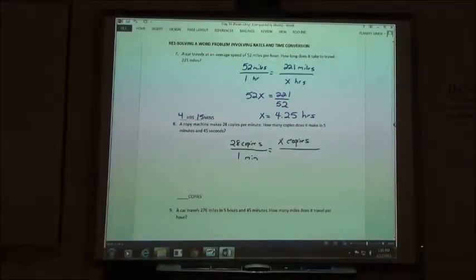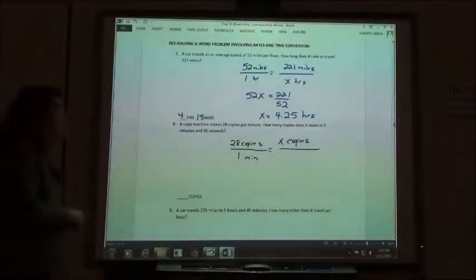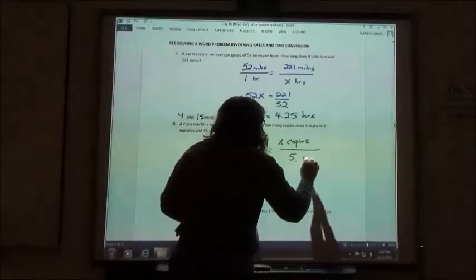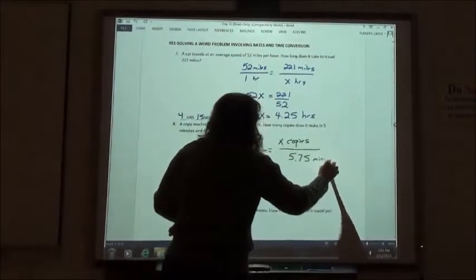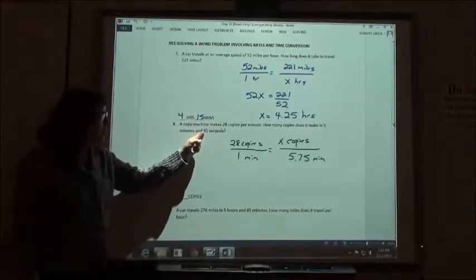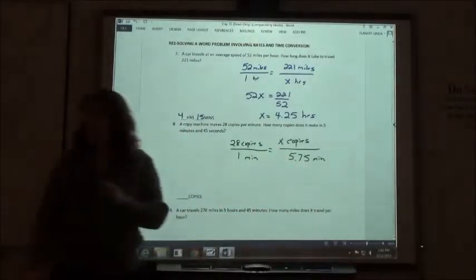What I could do is take 45 out of 60. 45 divided by 60 is 0.75. So we're going to use 5.75 here. I changed my 45 seconds into a part of a minute.